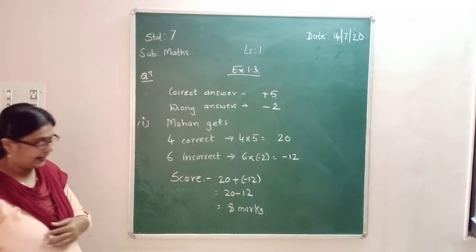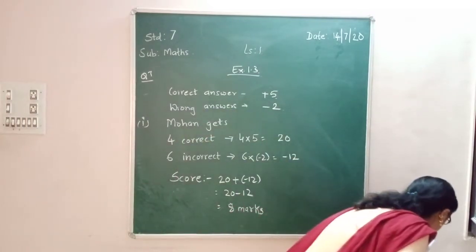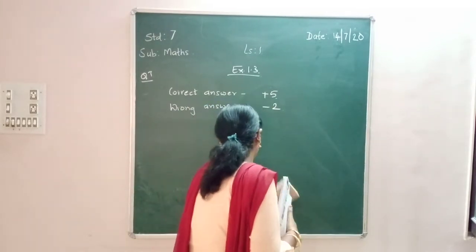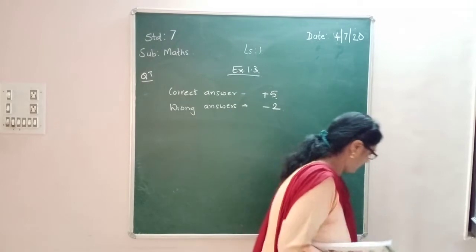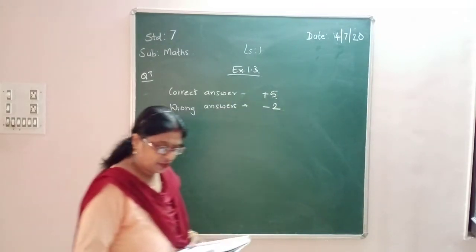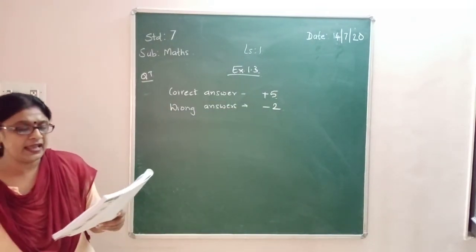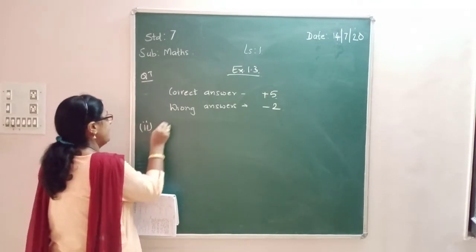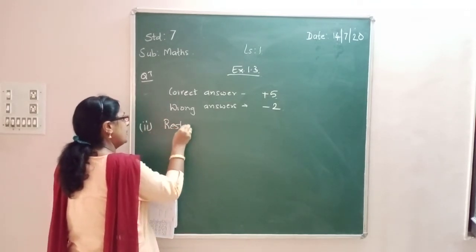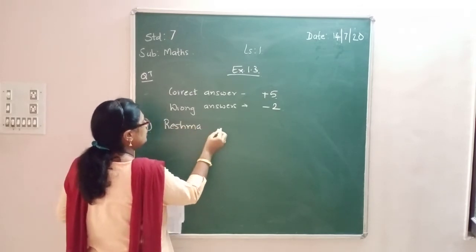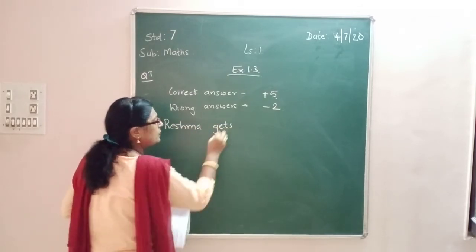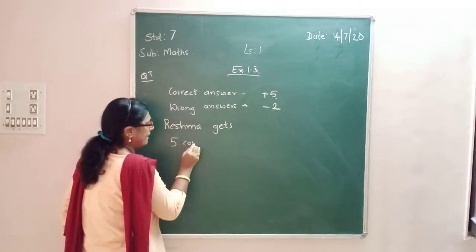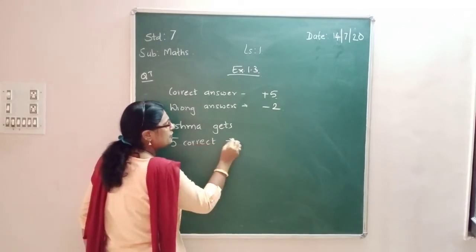Now let us see the second one about Reshma. Reshma gets 5 correct answers and 5 incorrect answers. Right? So second one, Reshma gets how many correct answers? 5. So 5 correct.